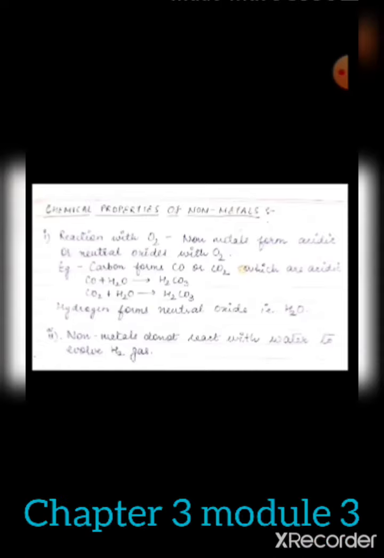And if we talk about neutral oxides, then it is water. H2 plus O2 will give H2O, that is a neutral oxide. One of the neutral oxides is nitric oxide also, NO. When N2 reacts with O2, it will give NO, that is nitric oxide, that is also neutral.